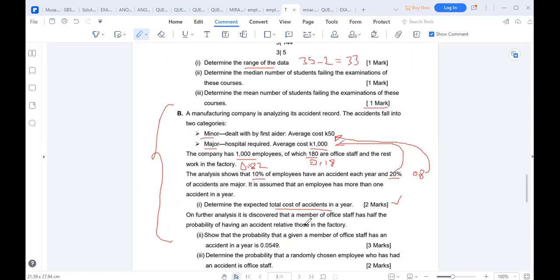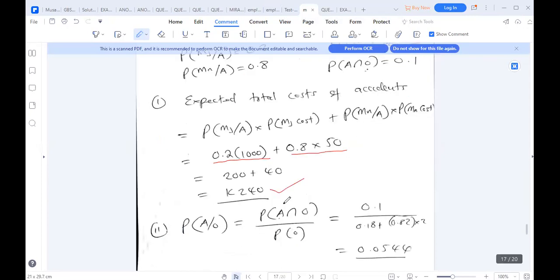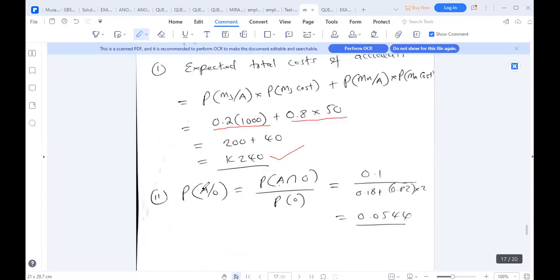Then the other question says, show that given that a member of the office has an accident, it is 0.0549. So this particular one, an accident given that as an officer.